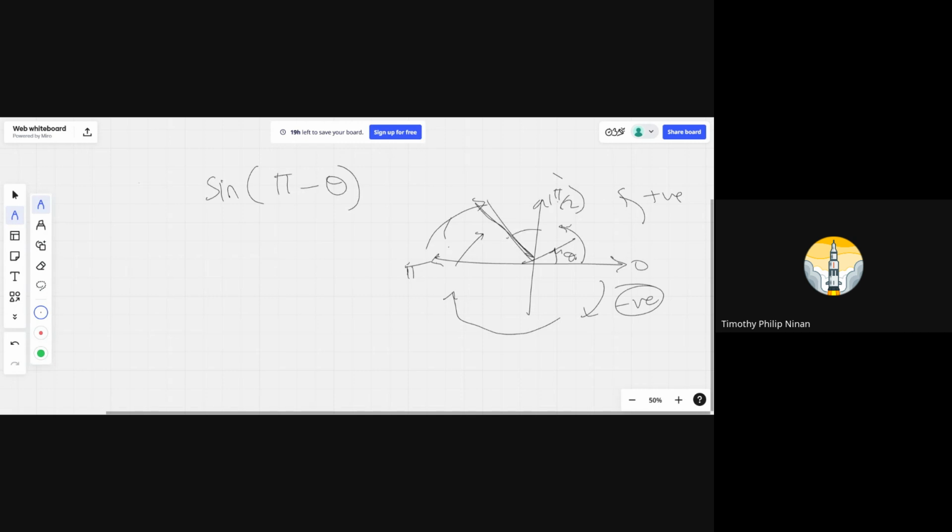The entire angle is pi, but this part is theta, so this will be pi minus theta. What's the value of sine over here? Sine is positive, so it's going to be positive sine theta. We can check it like this for more complex functions and many angles.